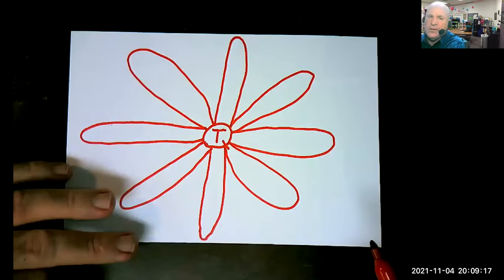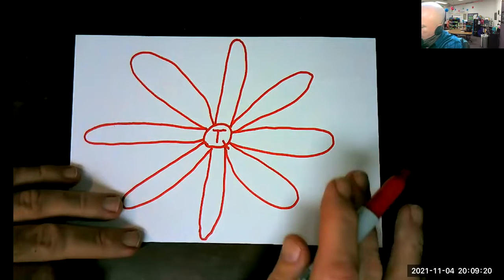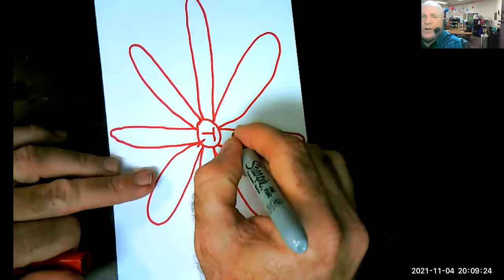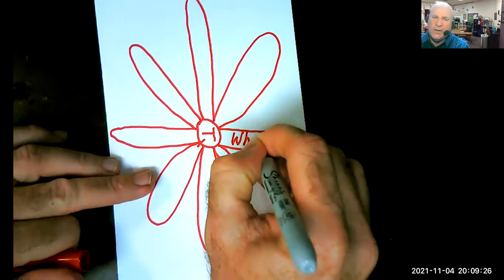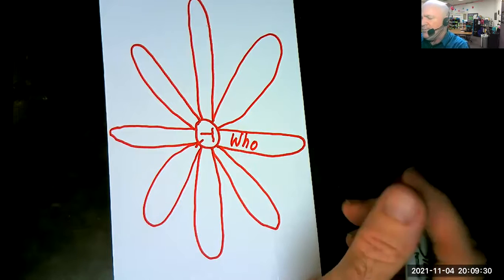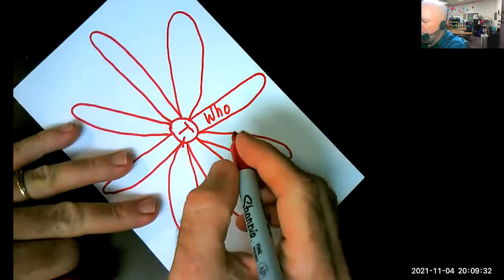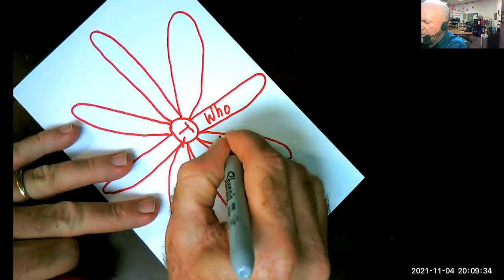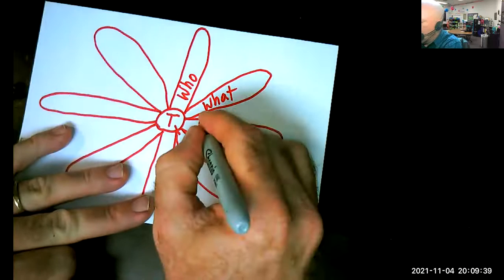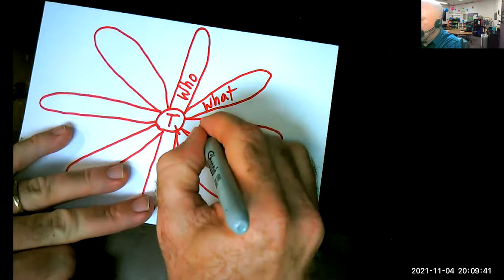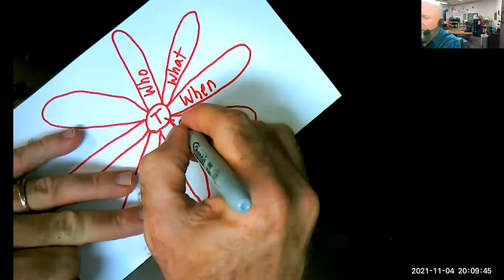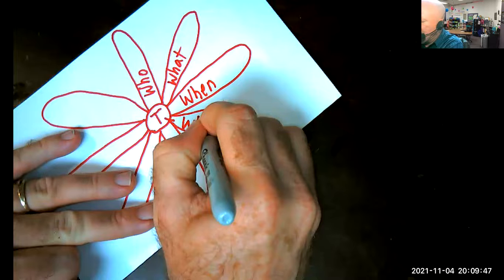Now, the first kind of question, and they're always going to be, no matter what subject we're talking about, it's going to be a who question. Let's do the 5 W's. A what question, when, where, and why.